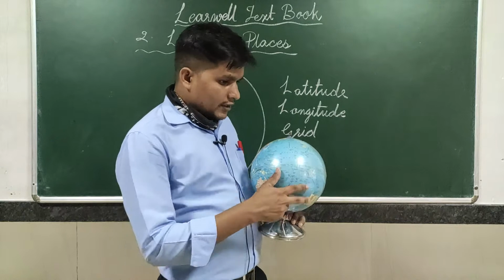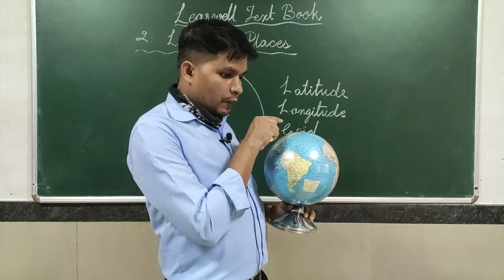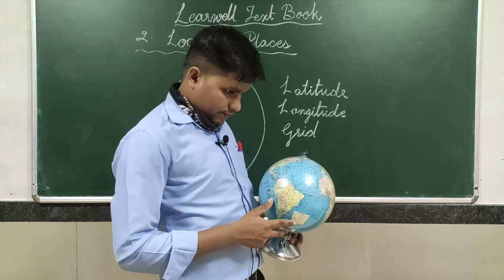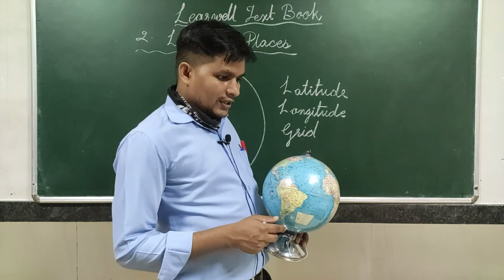The globe rotates on a pole that passes through it, which is called the axis.